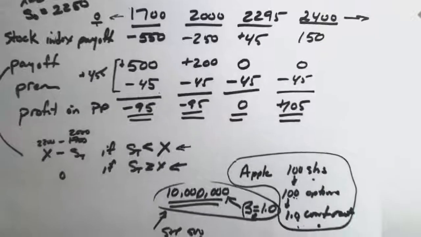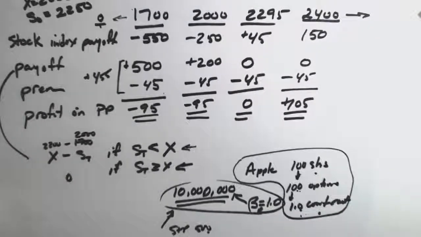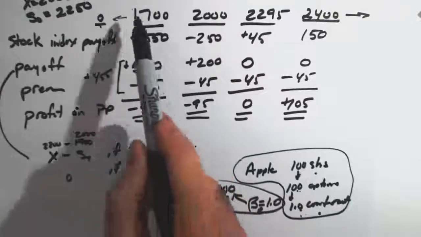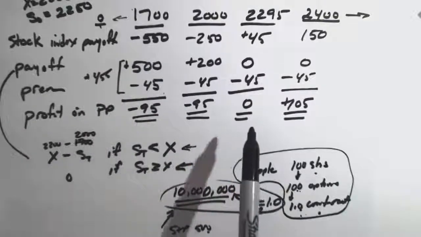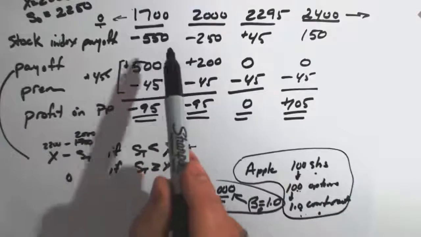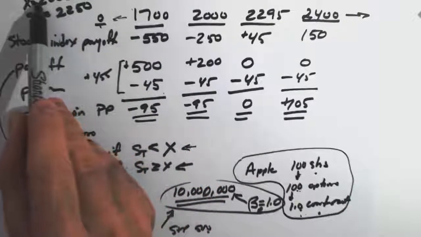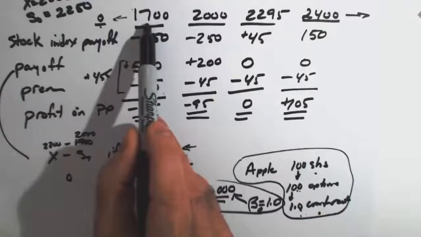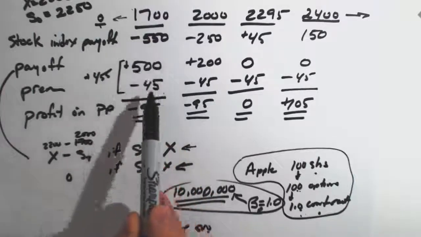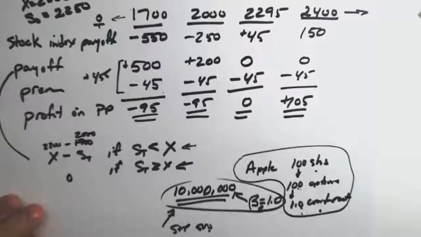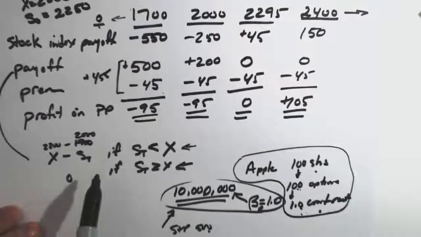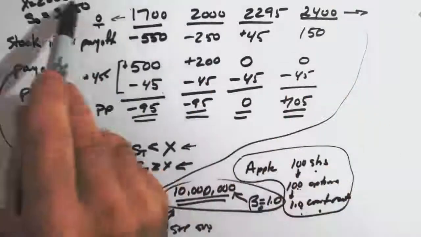We did it in the previous example. On a per share basis, the table works out to be the same as what we just did. So the index, we started off at 2250. The index went down to 1700. We lost 550 and so on. All this up here remains unchanged.